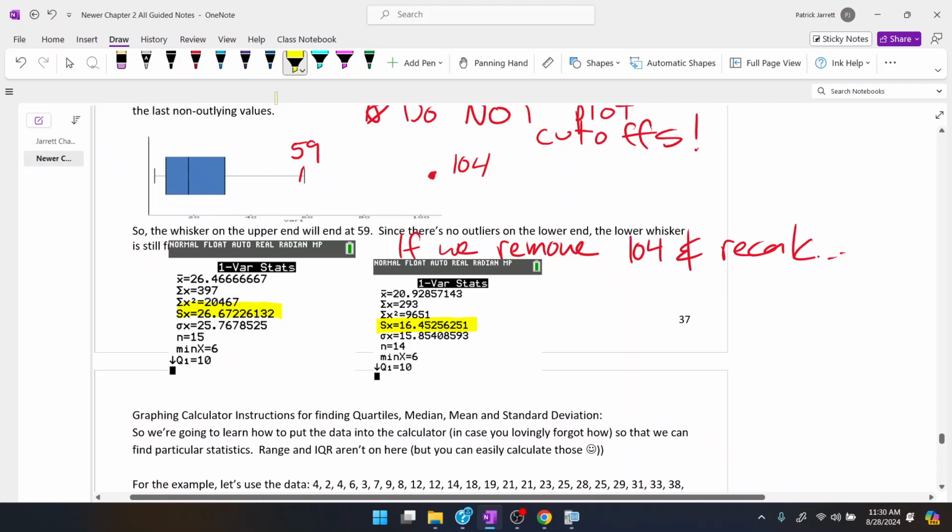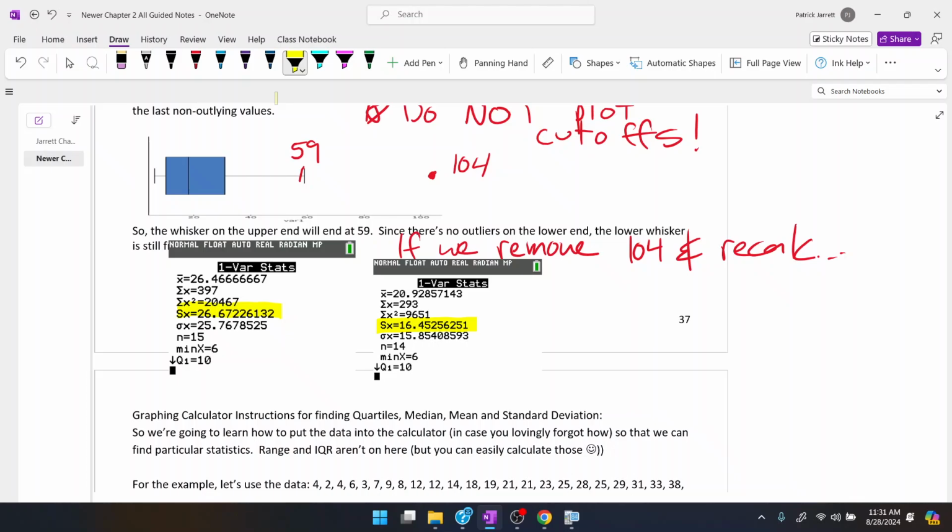What has happened to the standard deviations? It dropped big time. So having that outlier in there really makes the data more spread out. You remove the outliers and your standard deviation is going to plummet. So, any other questions about this?